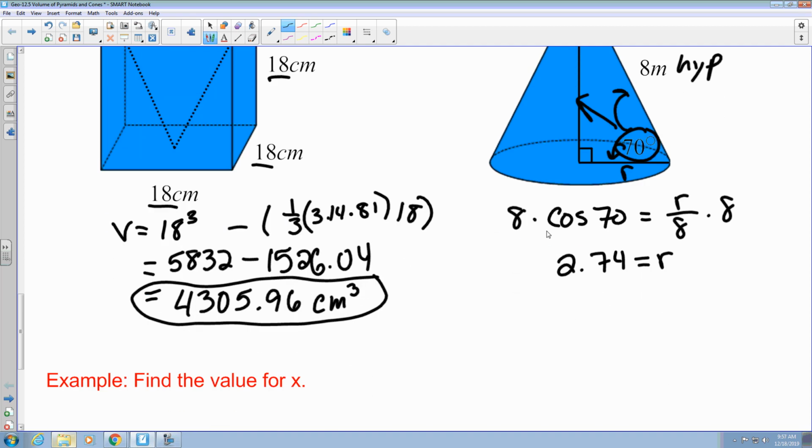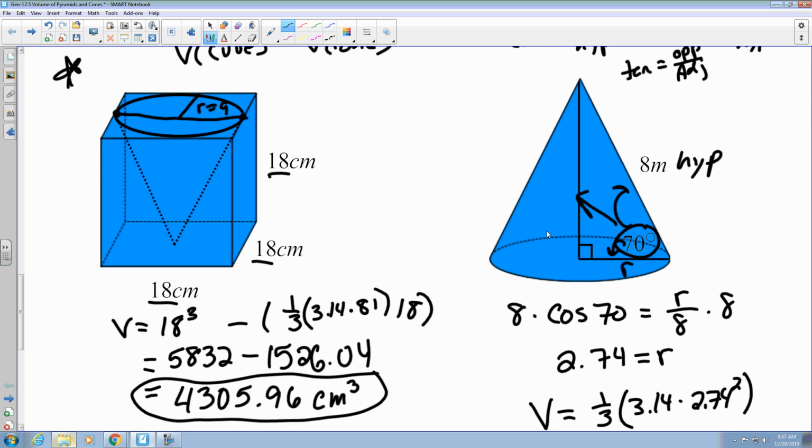So now that we know what that is, now we can find the volume, because it's going to be 1/3 times the area of the circle, which is pi, we'll just call it 3.14, times r, which is 2.74 squared, times the height.